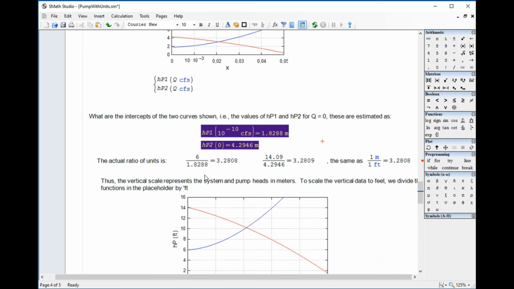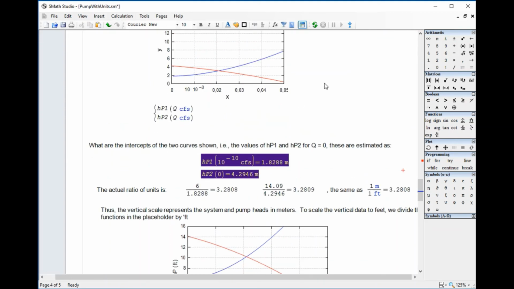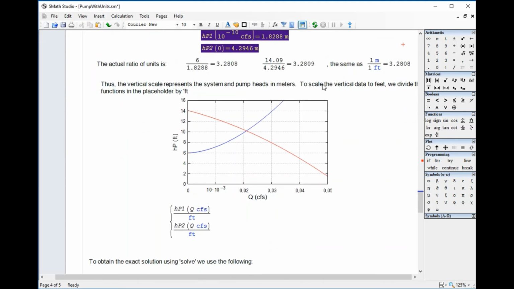Now, in the original graph, we have 6 for the intercept of HP1 and 14.09 for the intercept of HP2. If I divide by the corresponding values that I'm getting here, I get a ratio of 3.2802, which happens to be the ratio of 1 meter to 1 foot. Basically, 1 meter is equal to 3.28 feet. But I'm not getting that result in here. So what do I need to do? I need to scale my functions and divide them by feet.